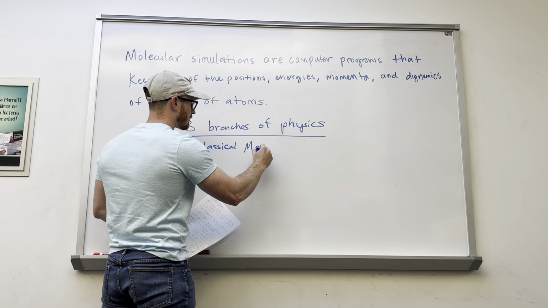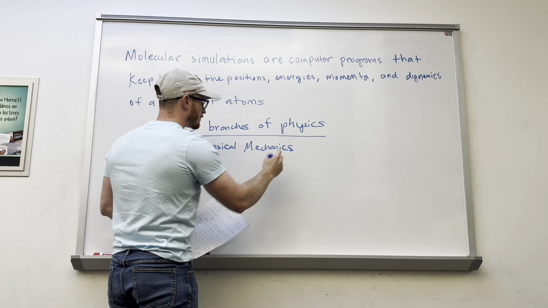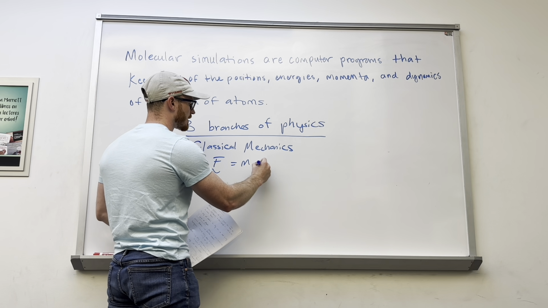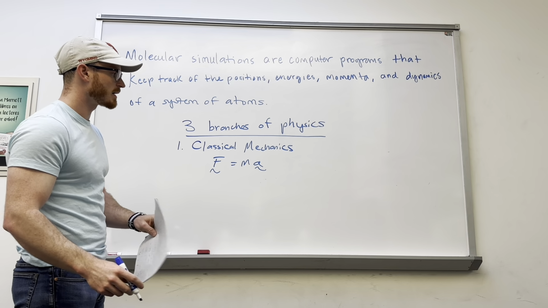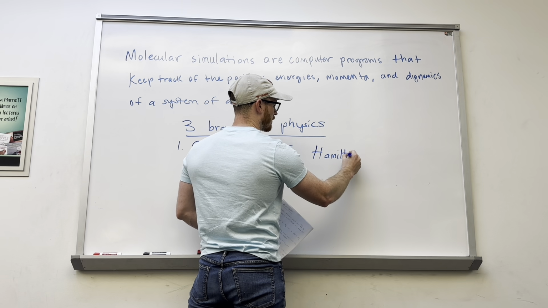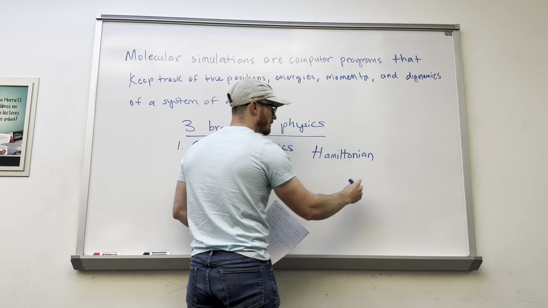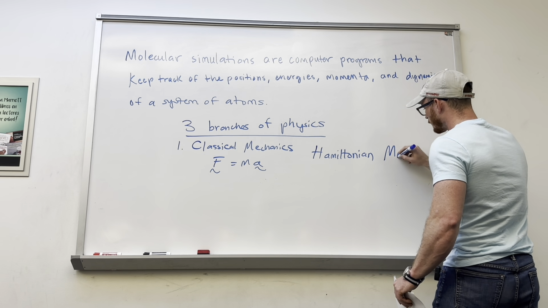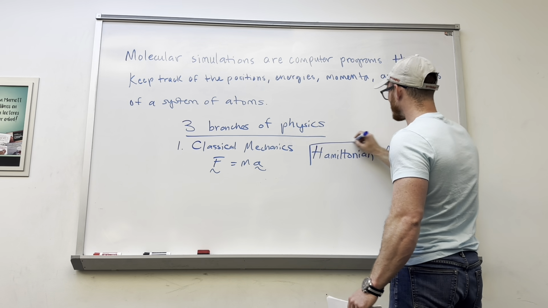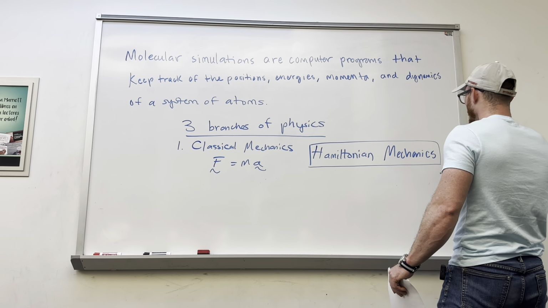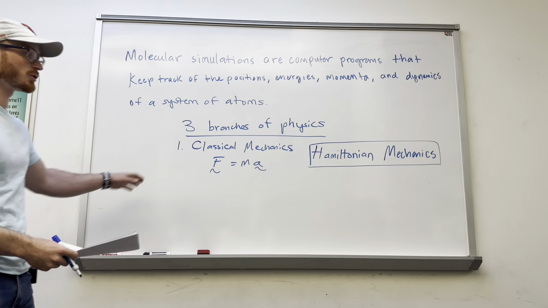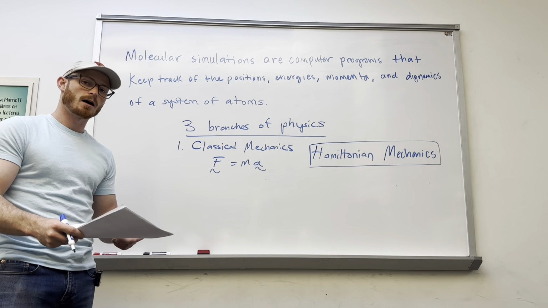And specifically, we're going to use Newton's equation of motion. The force is equal to the mass times the acceleration. But really what we're going to need in classical mechanics is what's known as the Hamiltonian formulation, or Hamiltonian mechanics. And later in the class, we're going to get into what Hamiltonian mechanics is. But it's essentially just a reformulation of classical mechanics in terms of different variables than traditional classical mechanics that you might have learned in an undergraduate physics course.